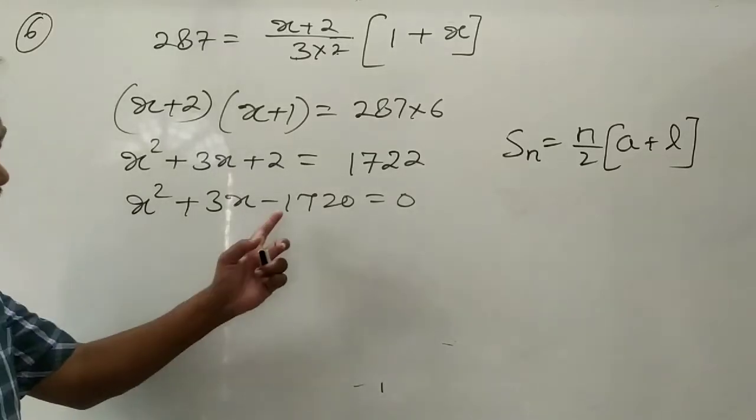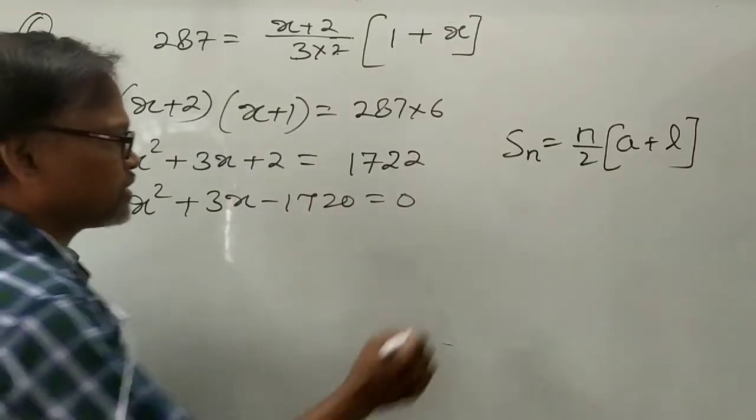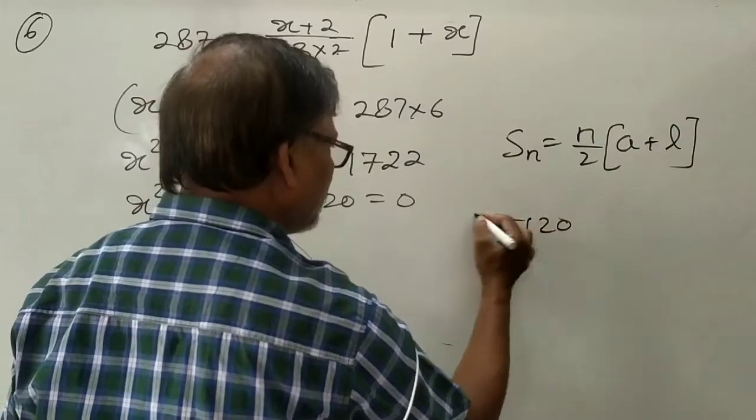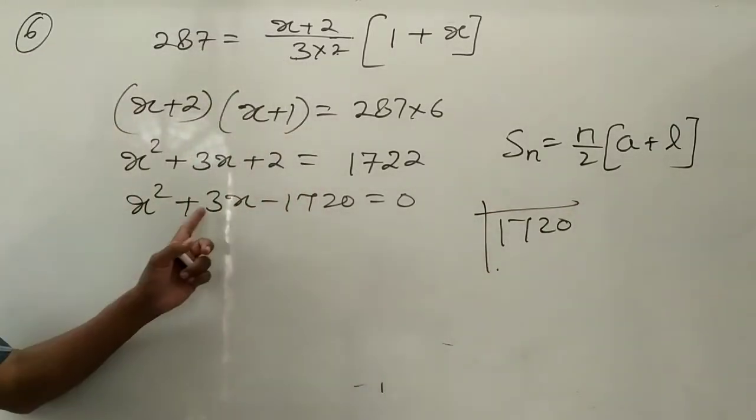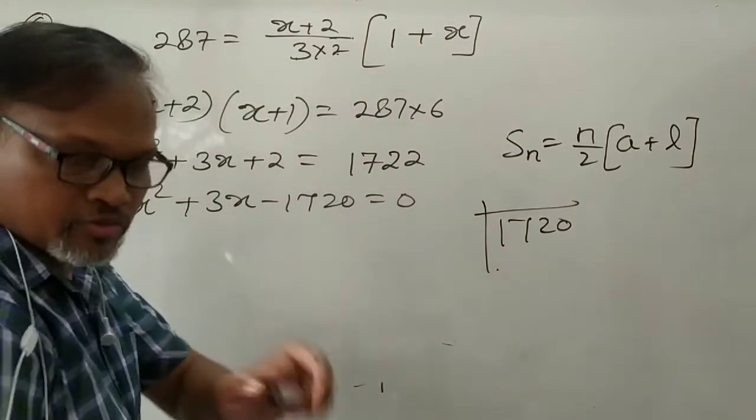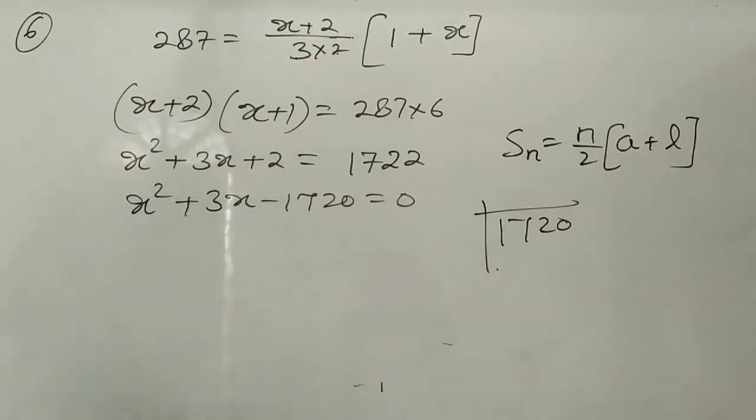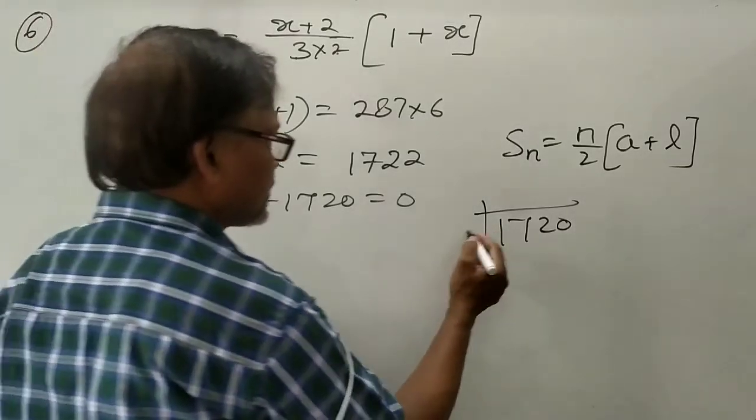Now make the factors of this 1720 such that the difference of the two factors is equal to 3. How to get the factors?